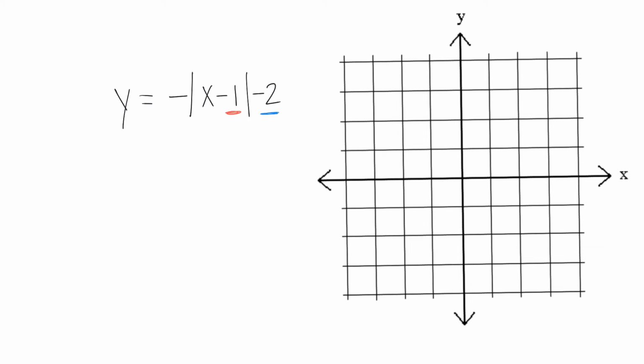So I'm going to come over 1. Remember, the horizontal move goes the opposite direction. So minus 1, we're going to go to the right. And then we're going to go down 2. And then our graph is negative, so it's going to open down. So I'm going to go over 1, down 1, over 1, down 1, and make my V shape. And I'm done.